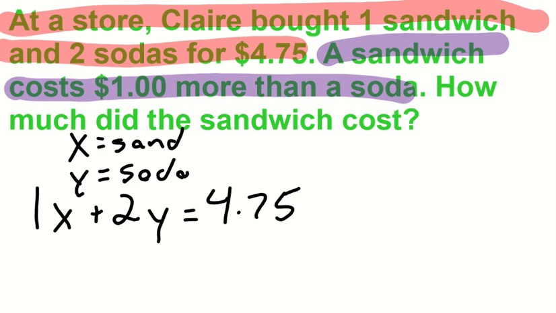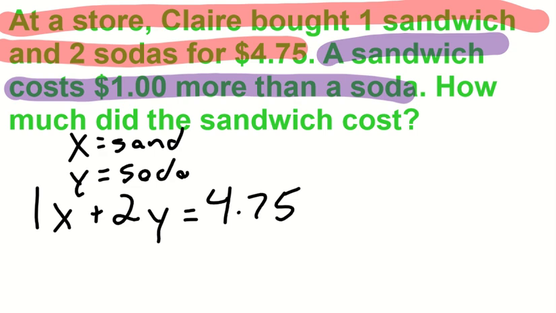All right, so now we got to get our second. It says a sandwich costs $1 more than a soda. So it starts off, a sandwich costs. Who can tell me how to write that? Just the part that says a sandwich costs.